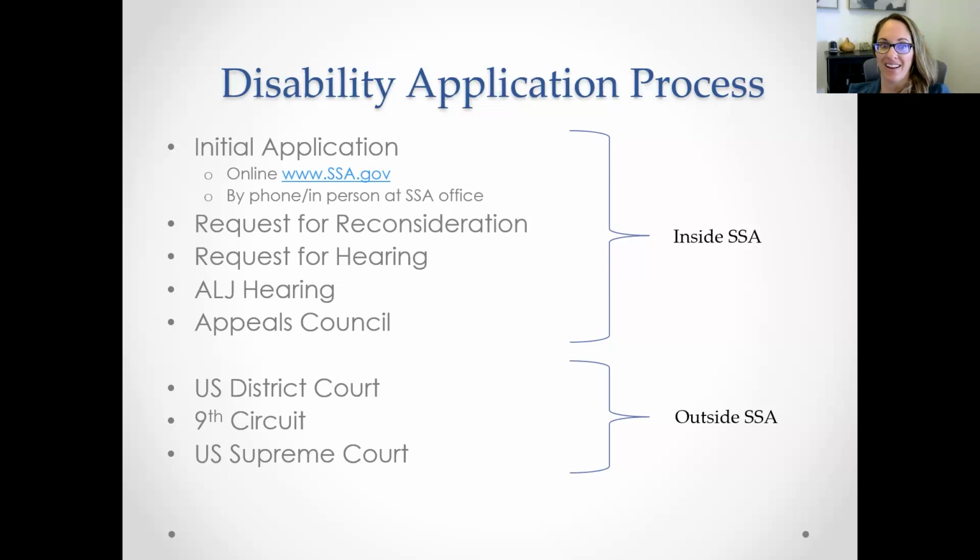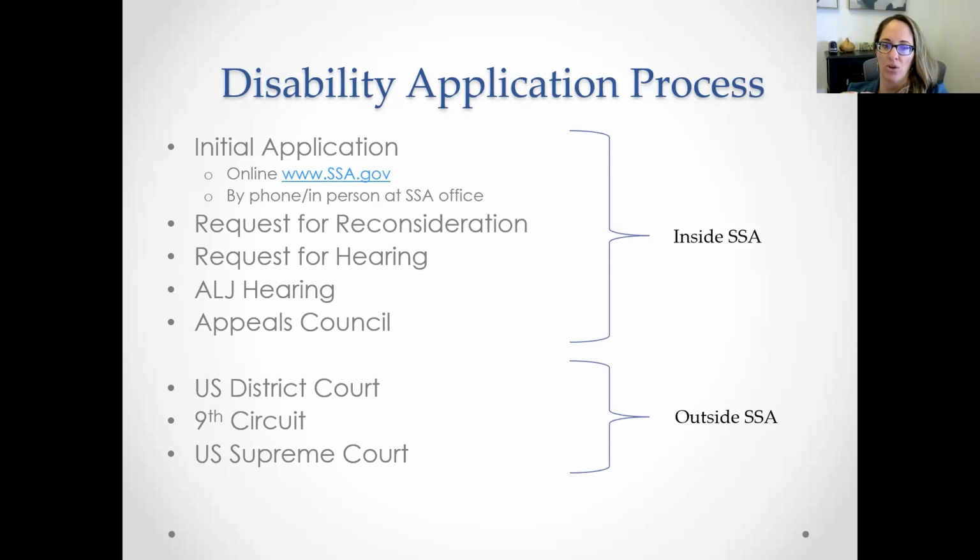If you're denied again, then there's the Appeals Council, which is a panel of judges in Virginia that oversees the administrative law judges' decisions if you decide to appeal there. That's all within the Social Security Administration. If you lose at the Appeals Council level, there are further appeals you can do, but it's a little different because you're moving outside of the administration.